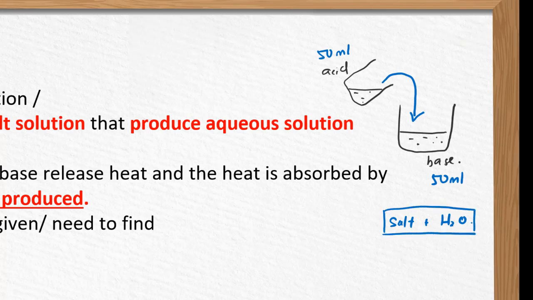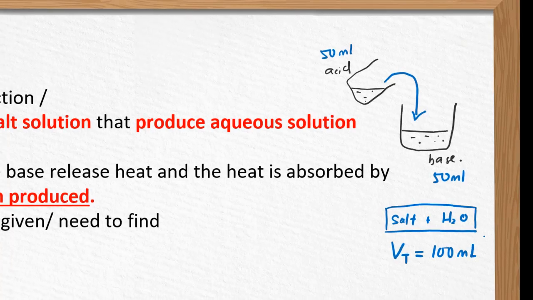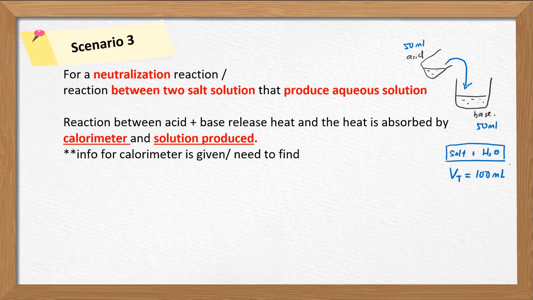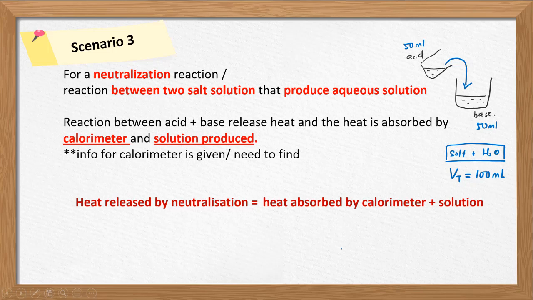When a reaction happens between two aqueous solutions, that means your total volume will be the sum of the acid and the base, which is 100 milliliter. So that means the heat released from the neutralization reaction will be absorbed definitely by the solution itself.